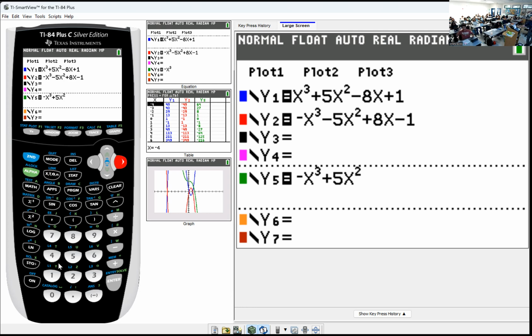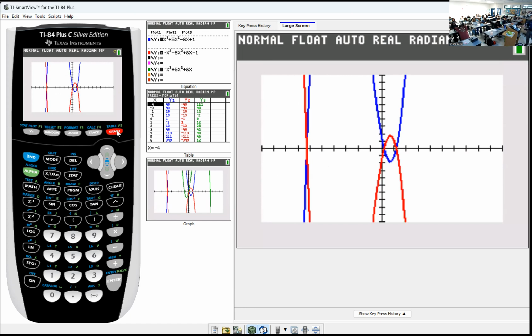But now the negative 8x becomes positive 8x. And plus 1 stays the same. So now I would expect when I graph this, it is going to be reflected across the y-axis. And indeed, it is, the blue reflected across the y-axis.